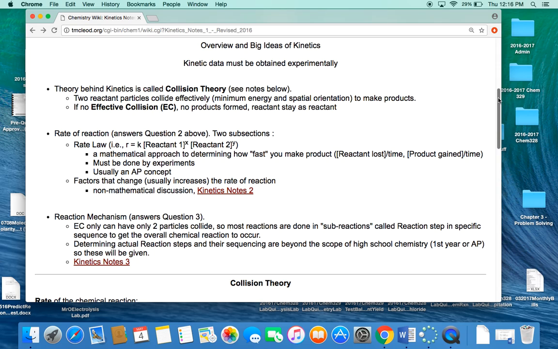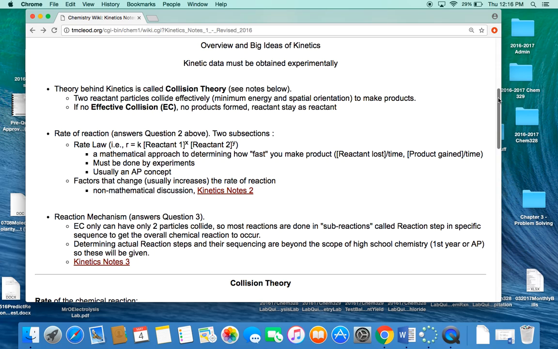What happens is they collide and they basically bounce off each other and stay the way they are. The other thing is that in general, only two reactants can collide together.